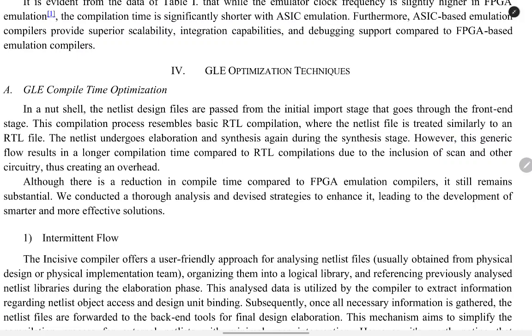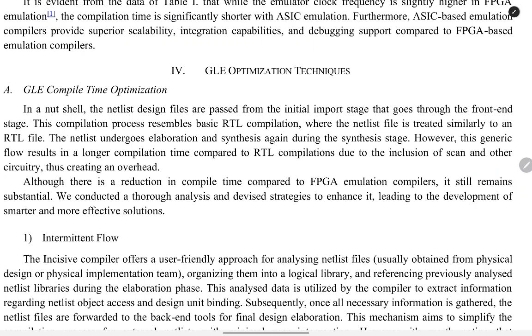However, this generic flow results in a longer compilation time compared to RTL compilations due to the inclusion of a scan and other search trees, thus creating an overhead. Although there is a reduction in compile time compared to the FPGA emulation compilers, it still remains substantial.